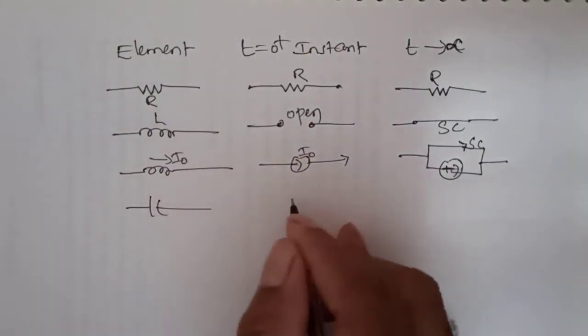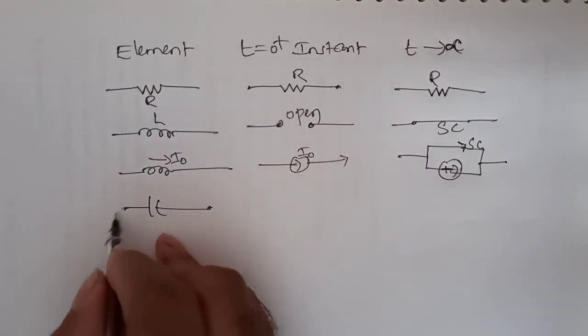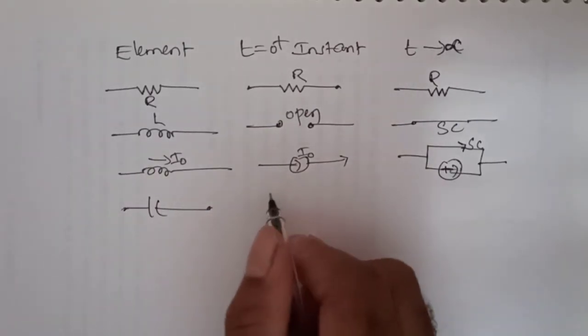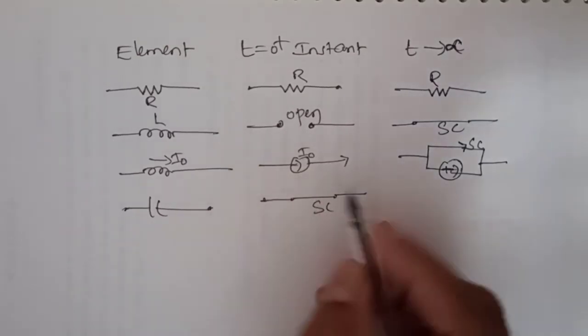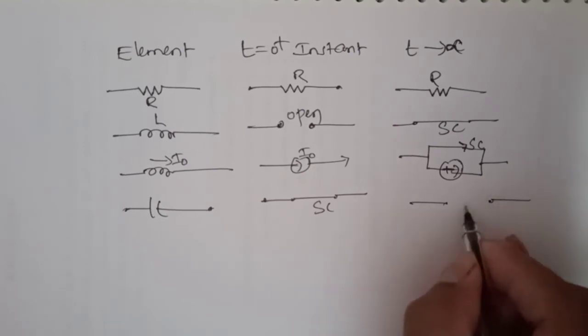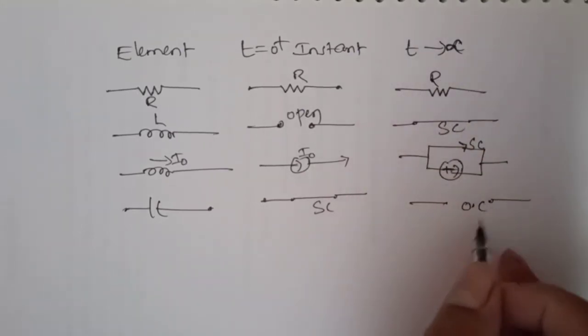Like for the capacitor also, we discussed that the capacitor never allows sudden changes in the voltage. Initially there is no voltage, which makes it a short circuit. That means at t equal to 0, the capacitor acts as a short circuit. At t equal to infinity, the capacitor acts as an open circuit, because at t equal to infinity the capacitor will be fully charged.